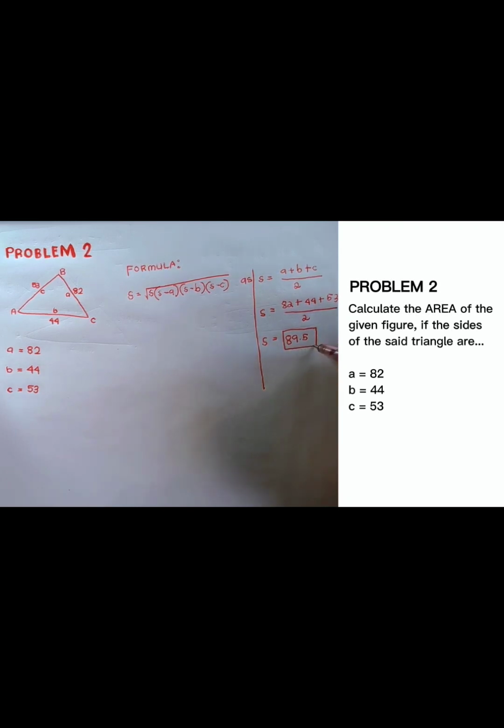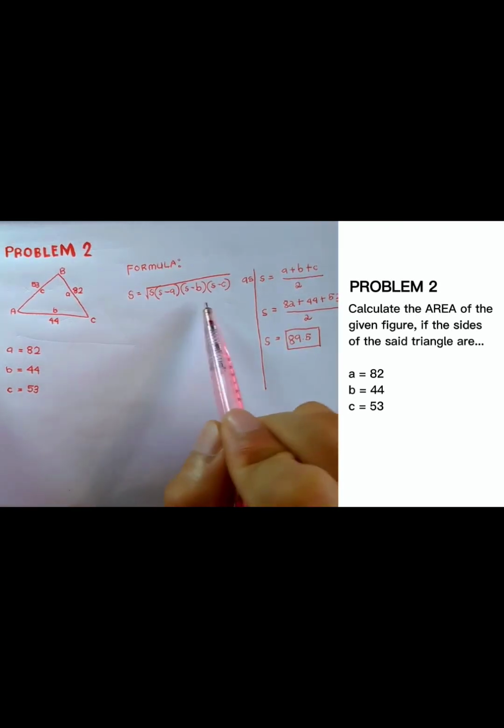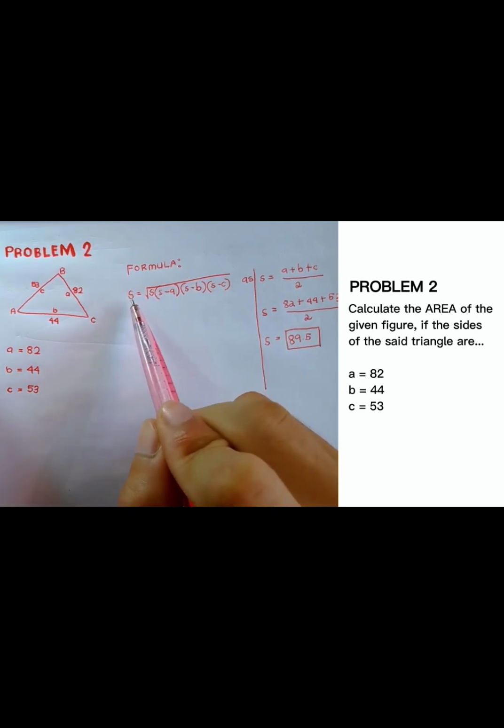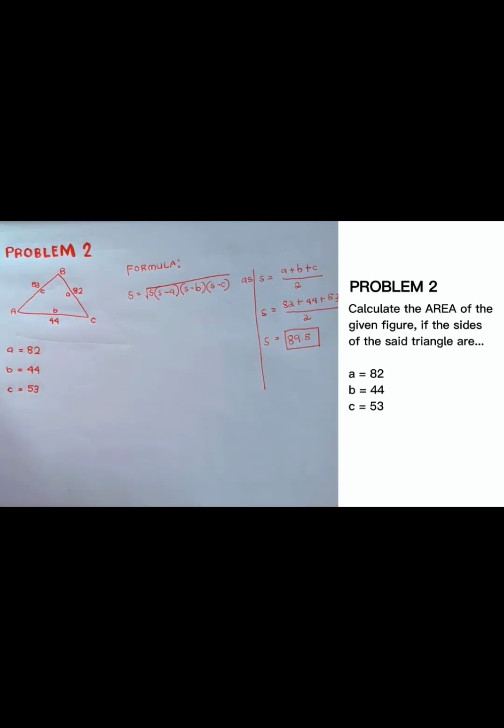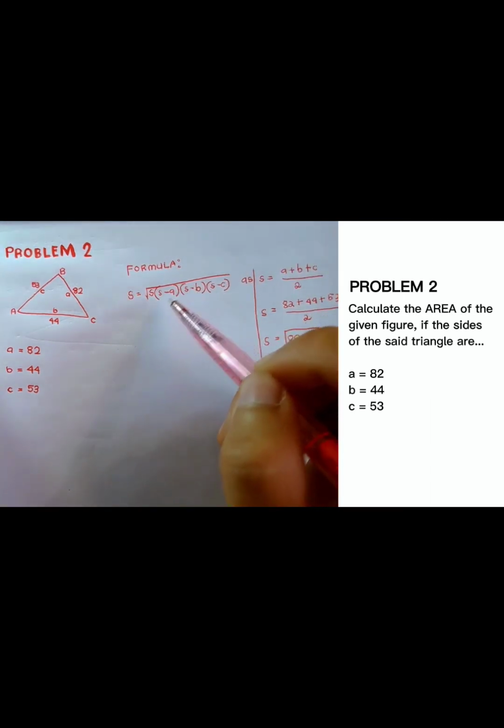Now na may value na yung ating small letter S, pwede na ngayon tayo mag-proceed dito sa ating isang formula to solve the semi-perimeter of our triangle. Gaya ng ginawa natin dito, substitute lang natin lahat ng value na hinihingi dito sa ating formula.